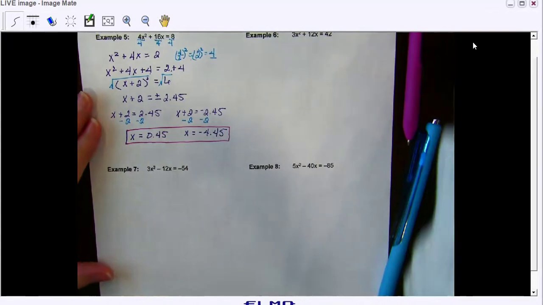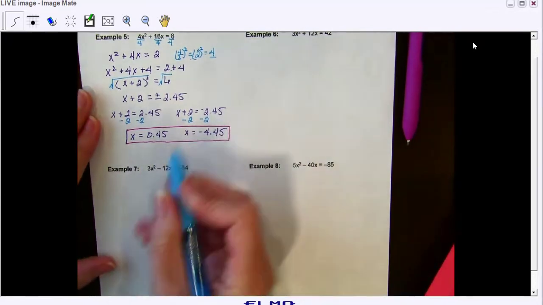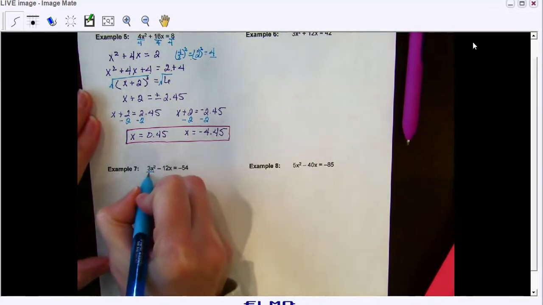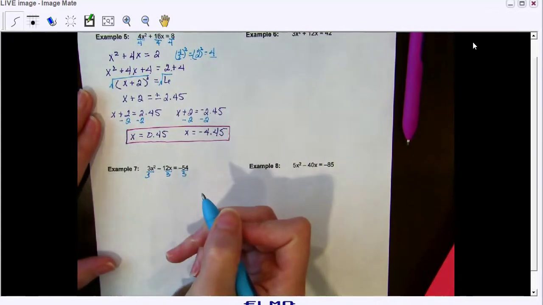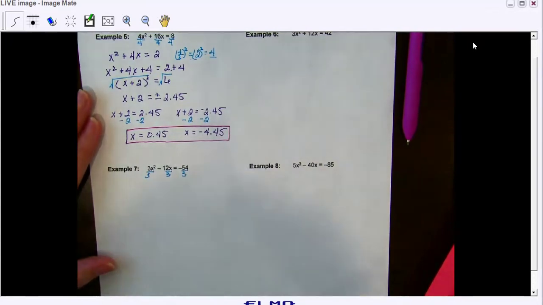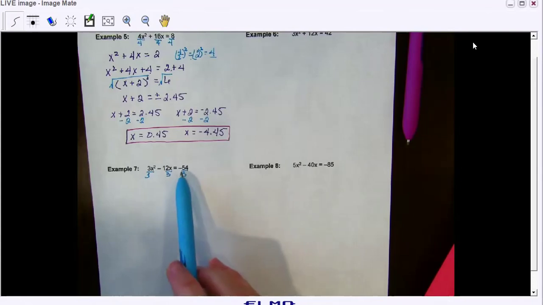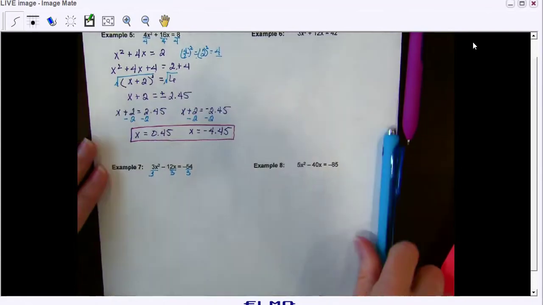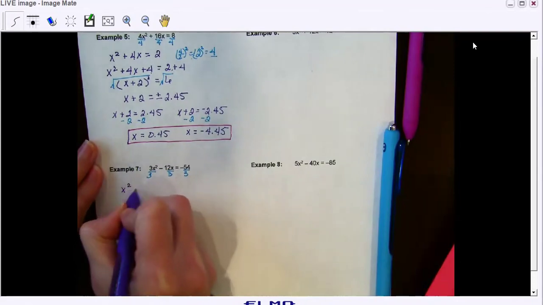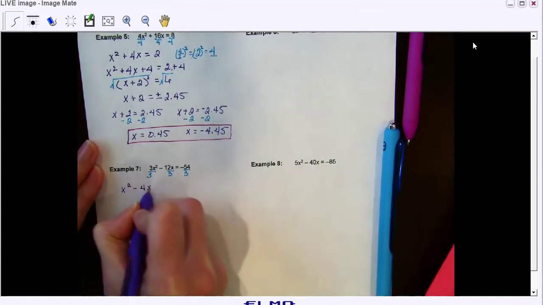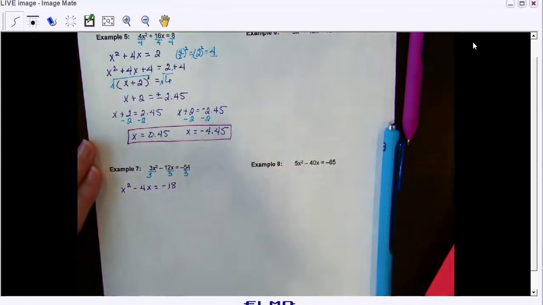All right. So first step has already been done for us. So we're moving on to step 2, and we're going to divide each of these by the GCF of 3. Now this one's a little different because we have a negative here. When we factor that out, we get x squared minus 4x equals negative 18. Okay.